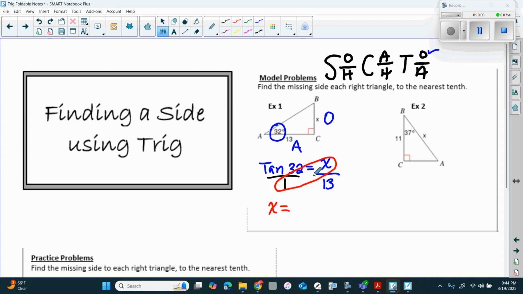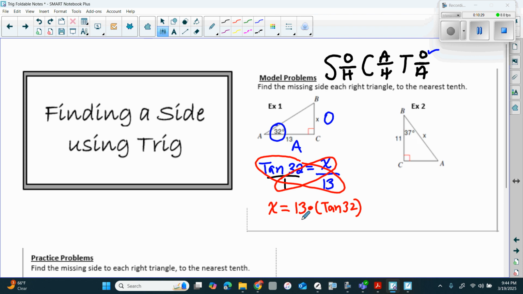And here, when we cross multiply, this is saying 13 times the tangent of 32. You have to keep the tangent and the angle degrees together. You cannot multiply the 13 by just the 32, because this is degrees and this is a measurement. This could be centimeters or inches or something. You can't mix those up.